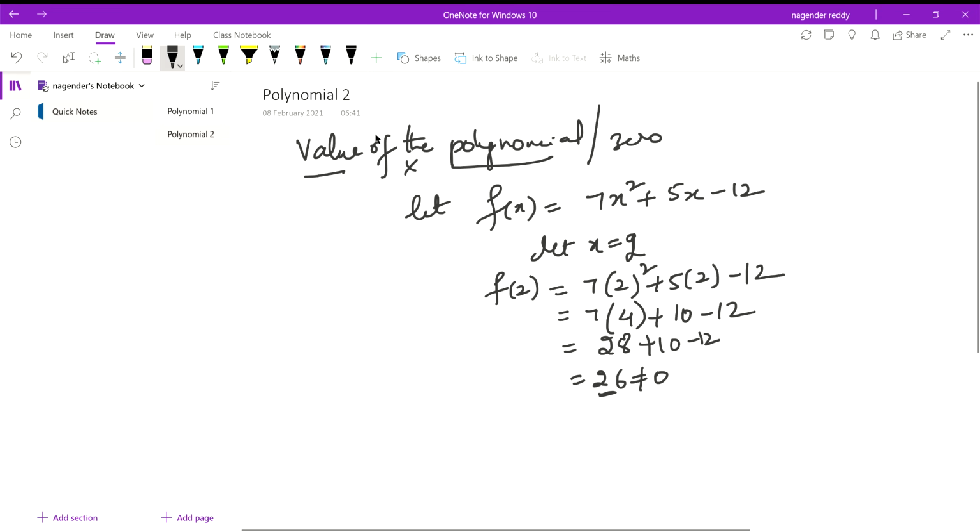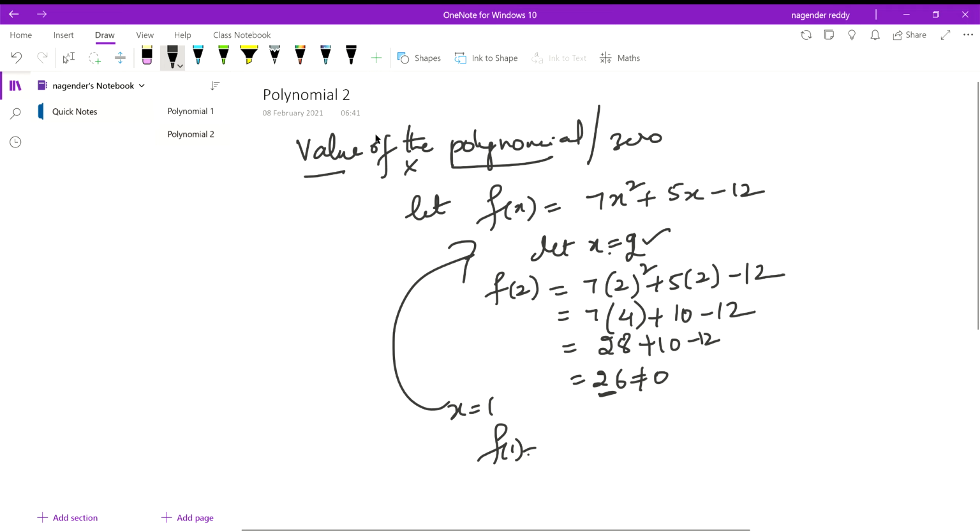That means when we substitute the value of x in the polynomial, we didn't get the 0 term. If you get a non-zero term, then x is equal to 2 is called the value of the polynomial. Then for example, x is equal to 1. Substitute x is equal to 1 in this equation.